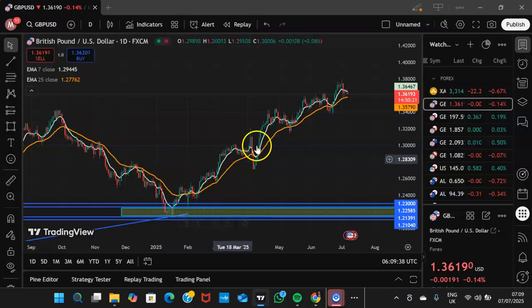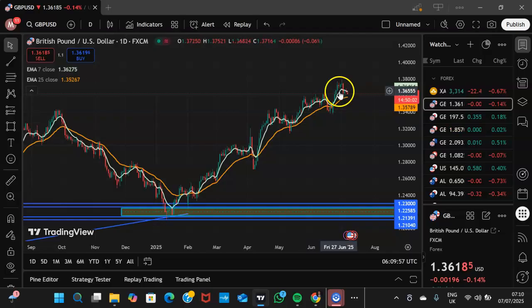Because this is an uptrend, we have higher highs, higher lows, higher highs, higher lows, a new high, a higher low, a new high. Now we're expecting that if this trend is to continue, we should see a higher low because this is an uptrend.